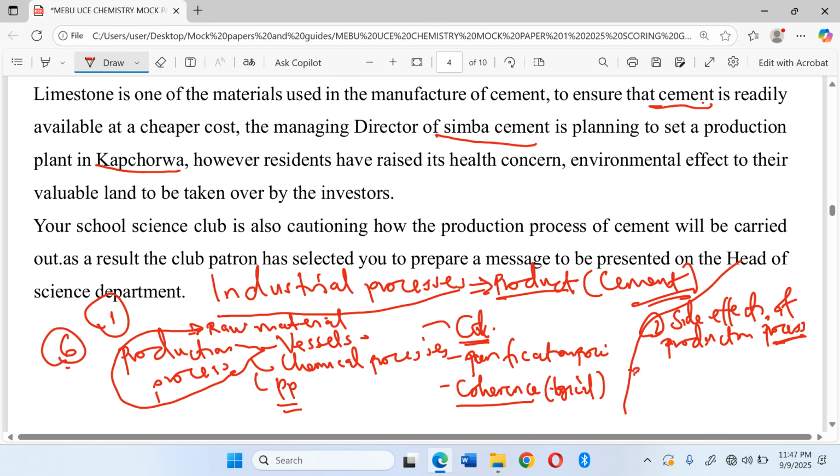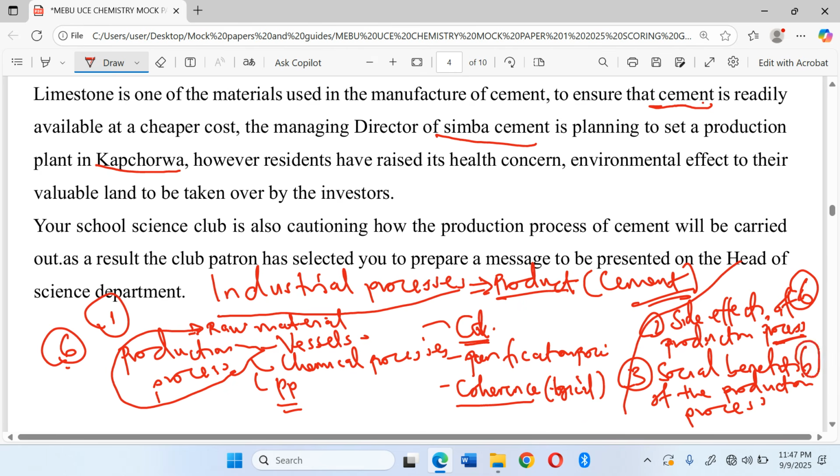Then we can go to number 3, where we are looking at the social benefits of the production. Still, it is of the production process, not the social benefits of the product. So this side effect will give you the 6 scores, and even this one will give you the 6 scores.